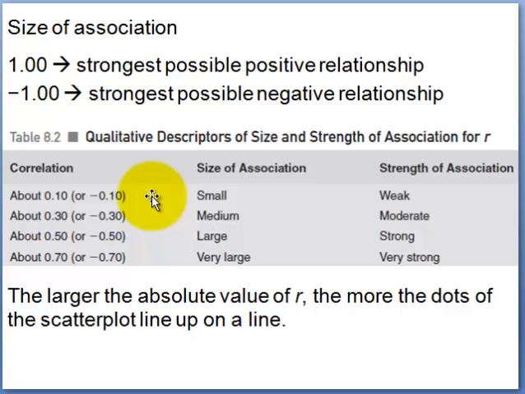So this is almost like a little cutoff. When the correlation gets below this, you really start to say the size of association is very, very weak between the variables. And here's sort of the opposite, where the highest correlation can get in terms of absolute value is 1. Here we're starting to get quite close to 1, and correlations of about 0.7 or -0.7 are clearly very large associations.